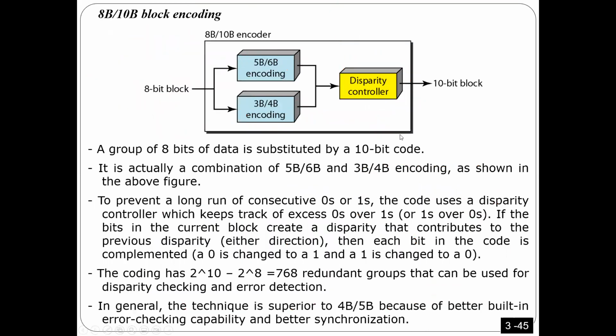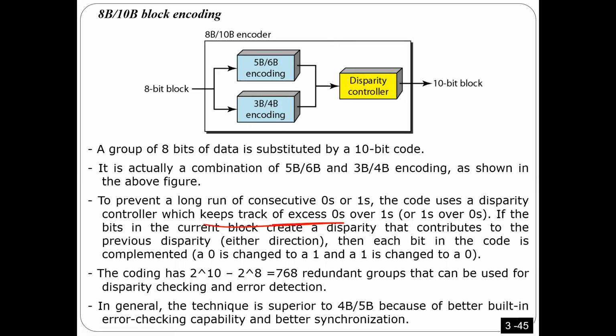So again, very simple slide, but I want to teach 2 things. Number 1, if I have a big block encoder, sometimes I build it using small encoders this way: 8 bits, so 5 are going to come here, 3 are going to come here. Also, I can improve it more by having what we call a disparity controller. It is going to do inversion when it finds that we have more zeros.